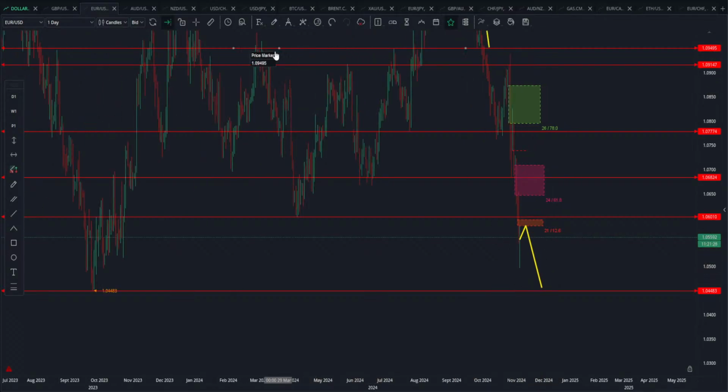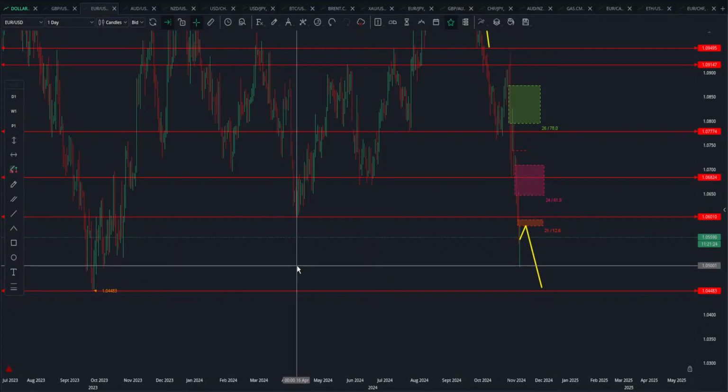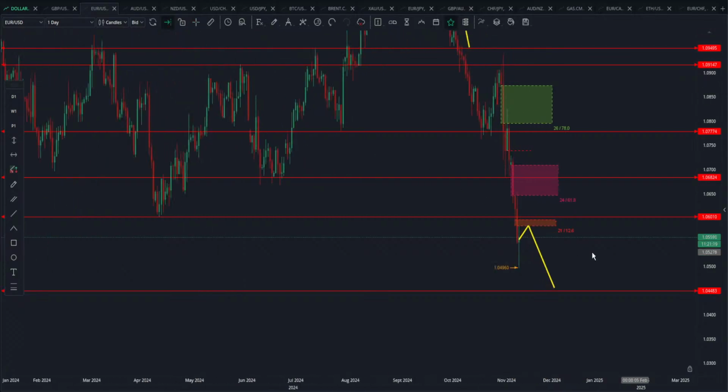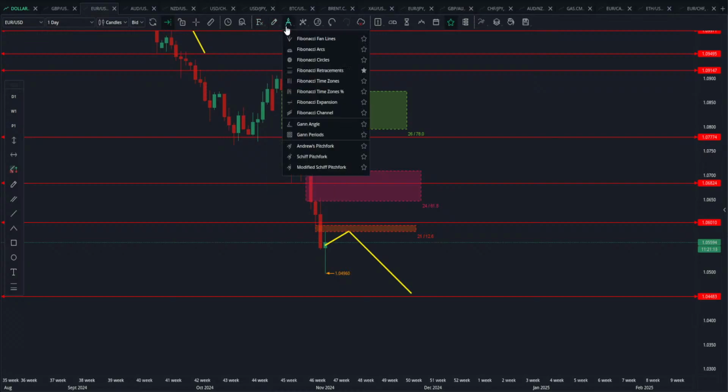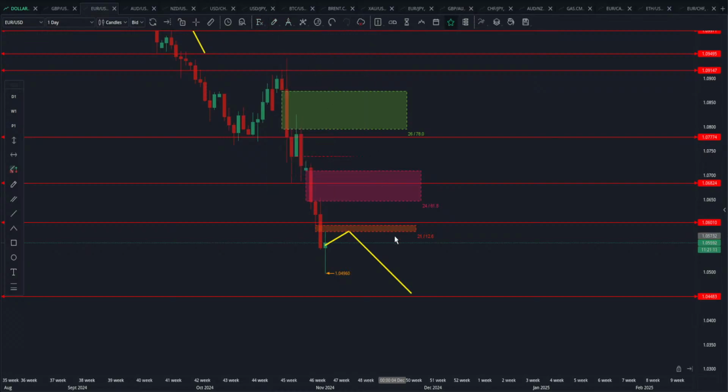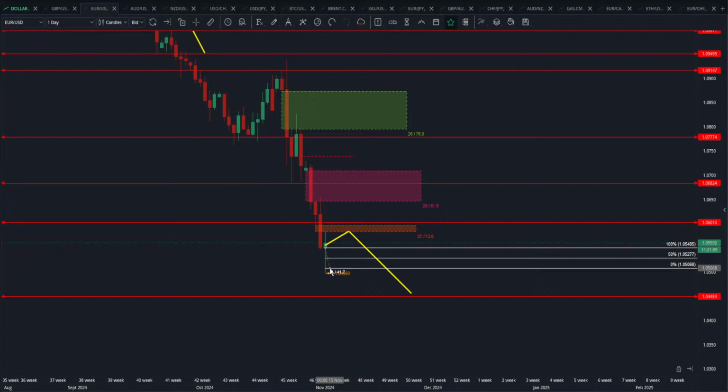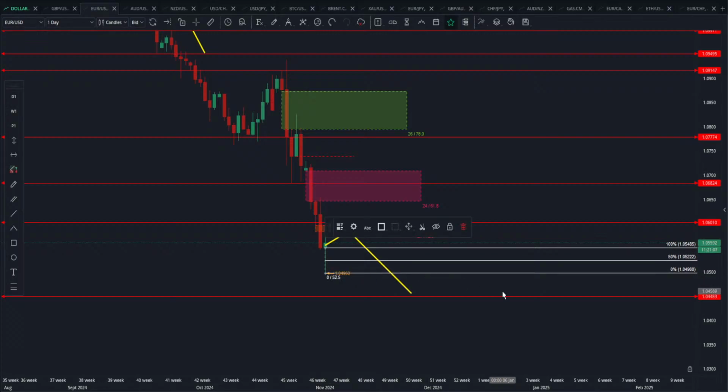Okay, wait, if I tell you something, yeah, this wick is very important. Okay, so I want you to keep an eye on the 50% of that wick, that is 1.05222.